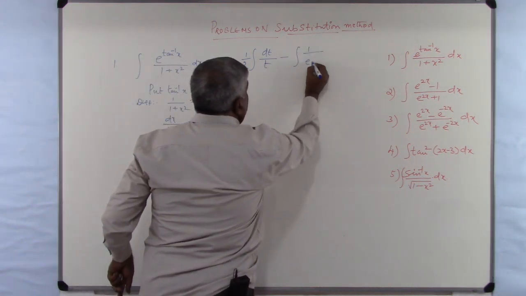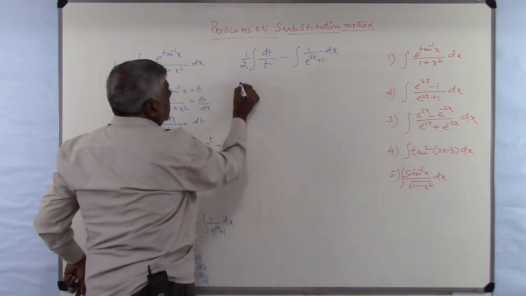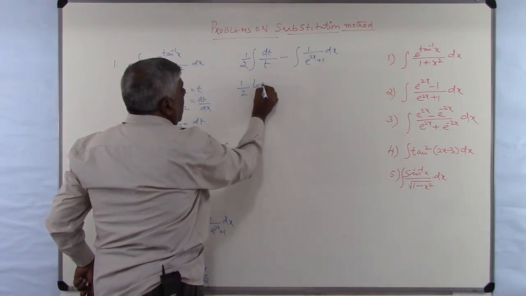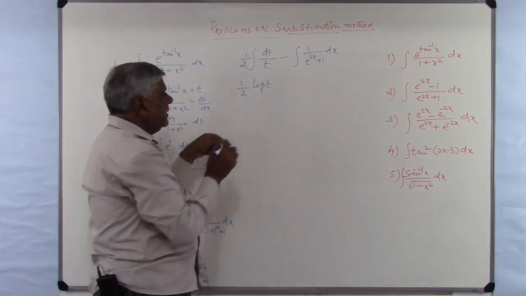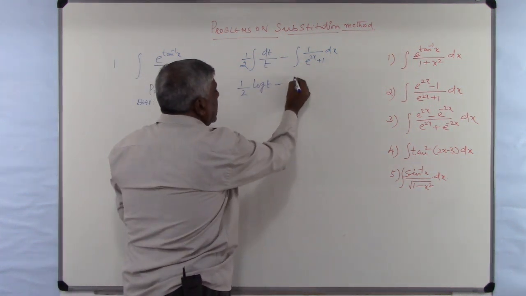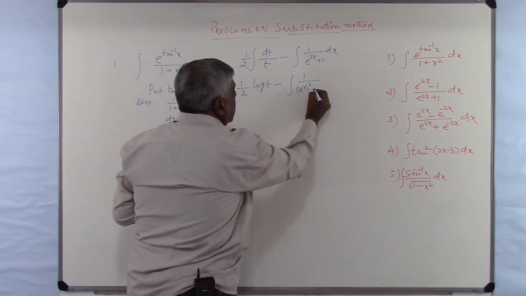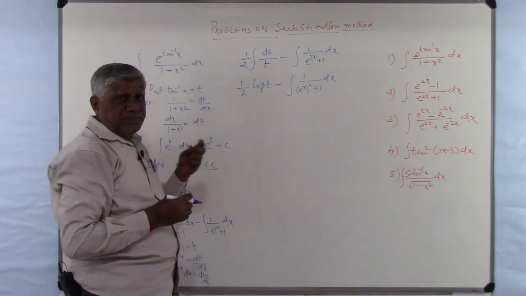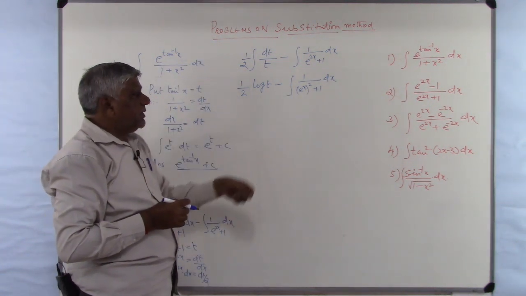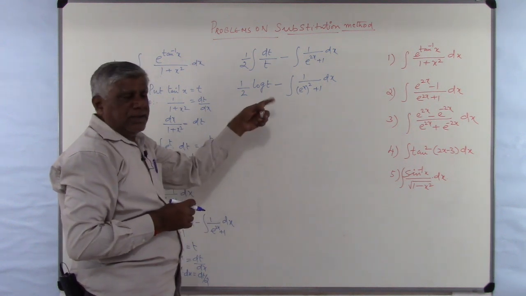Now this second part we are going to do separately, afterwards we will come to that. Now the first part is nothing but half log t. Minus this part, I am going to do like this: integral of 1 over e to the power of x whole square plus 1 into dx.